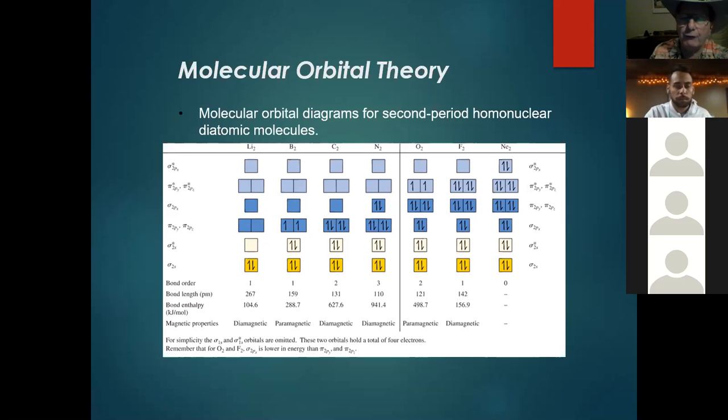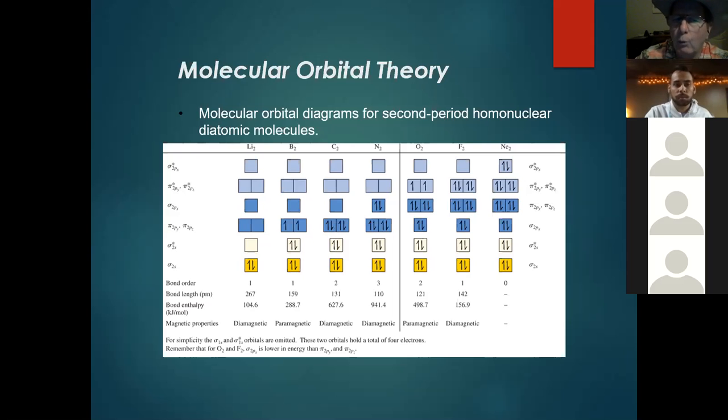So I have a total of 8 left. 2 go into the 2s. 2 go into the sigma antibonding 2s. That leaves me with 4. My pi molecular orbitals are filled completely now.